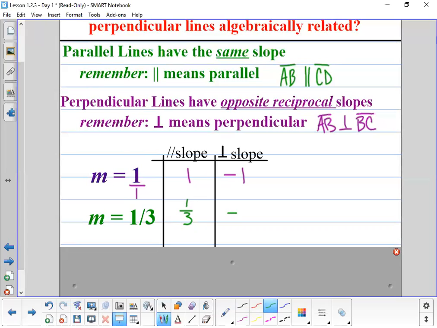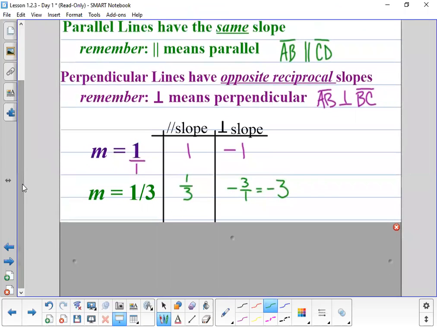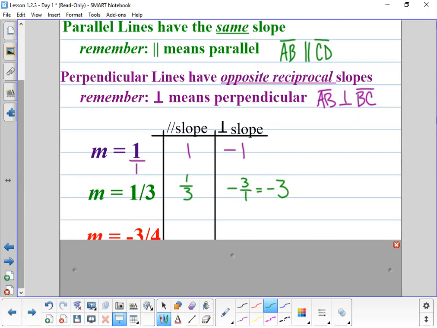And if I take 1/3 and I flip it upside down, 3 will go in the top, 1 will go in the bottom. That's the reciprocal. And anytime I have a fraction where the denominator is 1, I can just write it as a whole number. So this would be -3. So if the slope is 1/3, the opposite reciprocal would be -3.